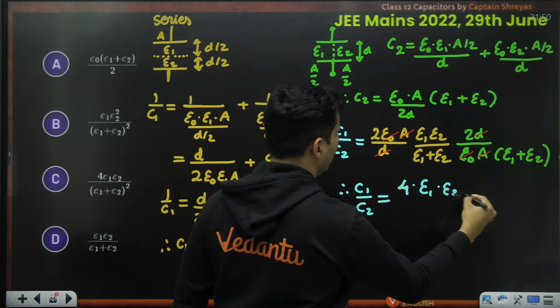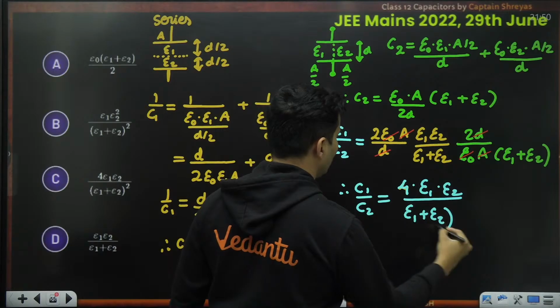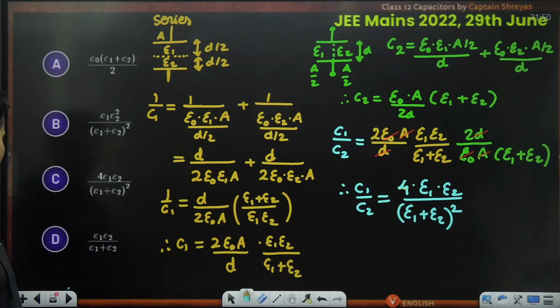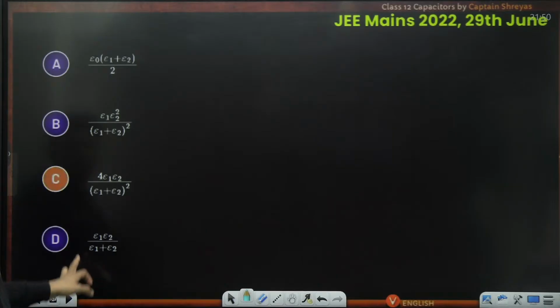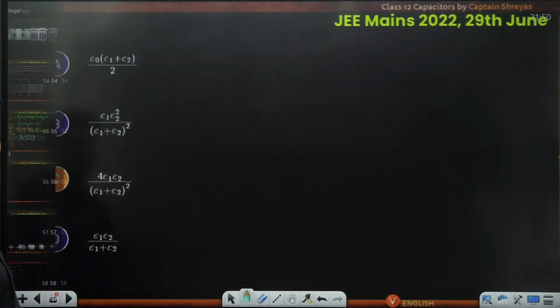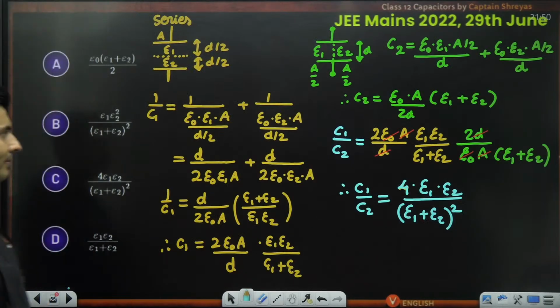Epsilon 1 and epsilon 2 are also there, and in the bottom we have epsilon 1 plus epsilon 2, the whole square. That's what we are getting, which is nothing but your option C: 4 times epsilon 1 epsilon 2 by (epsilon 1 plus epsilon 2) whole square. That's it. Perfect. We got the answer.